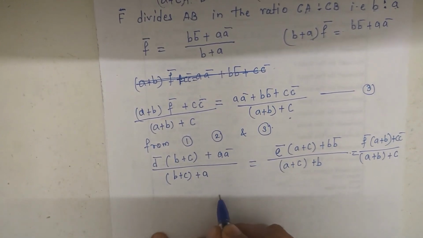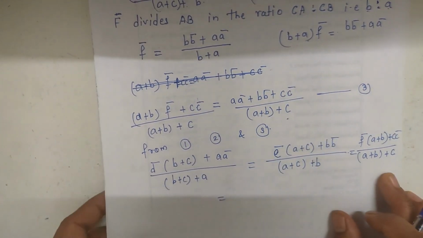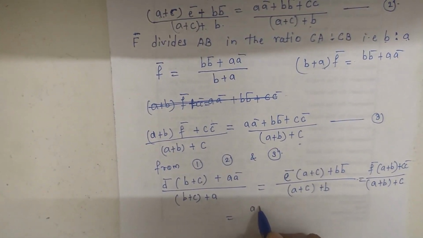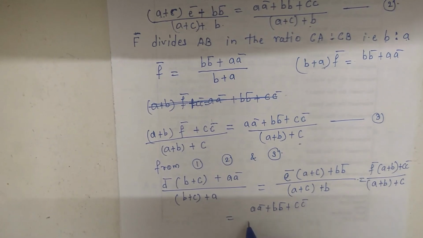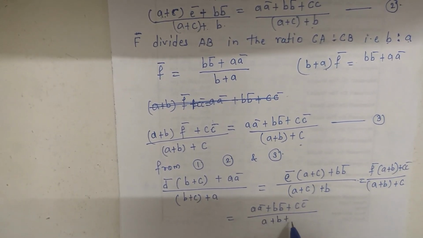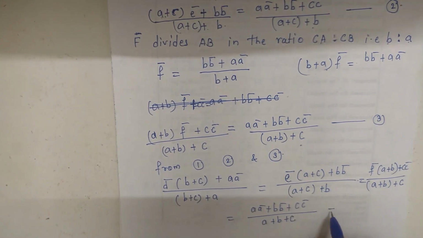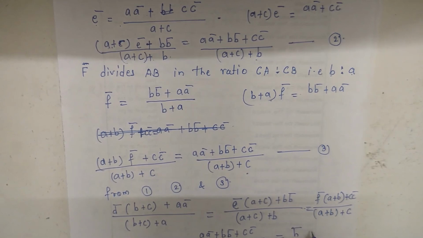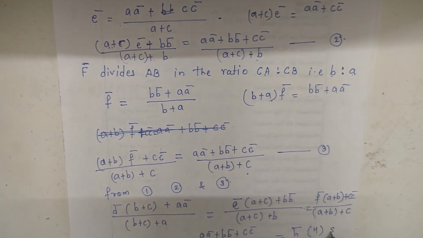is equal to the same RHS, A into A bar plus B into B bar plus C into C bar divided by A plus B plus C, and this is called H bar.